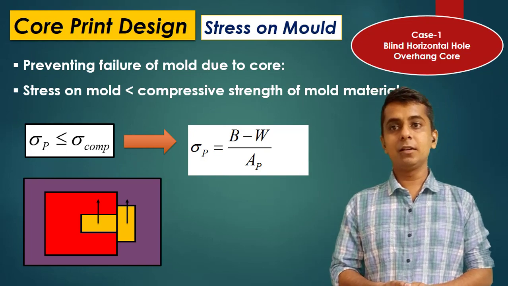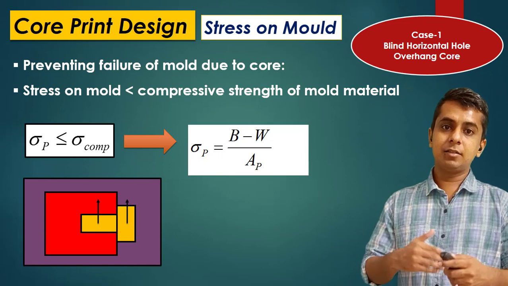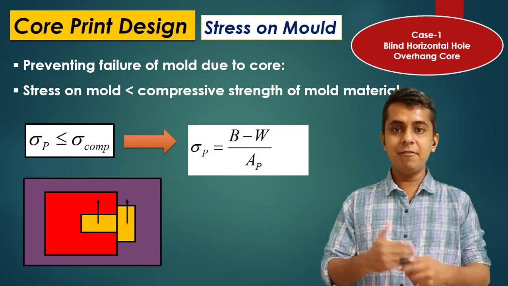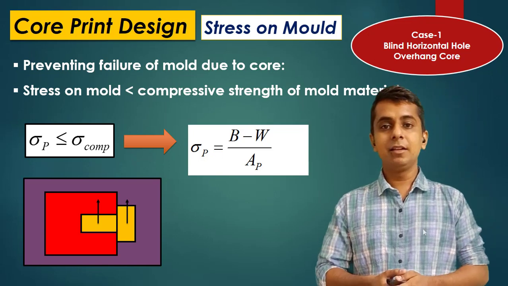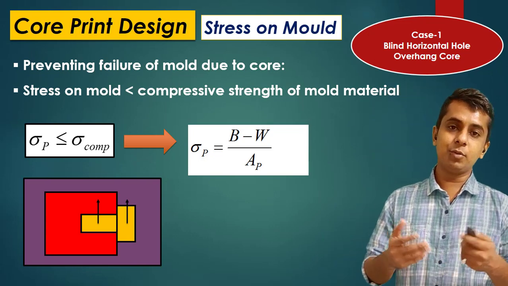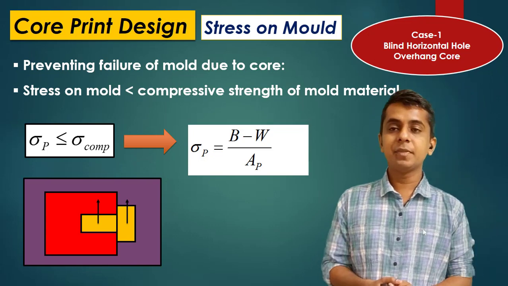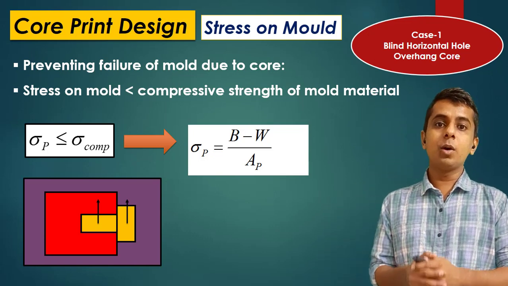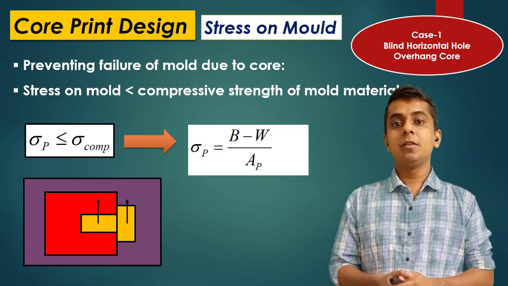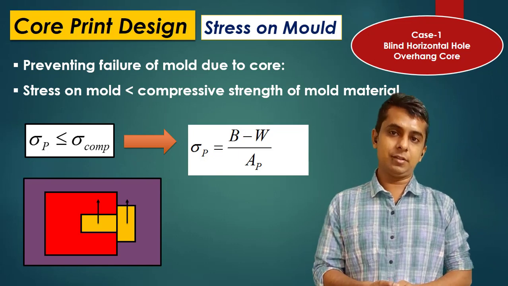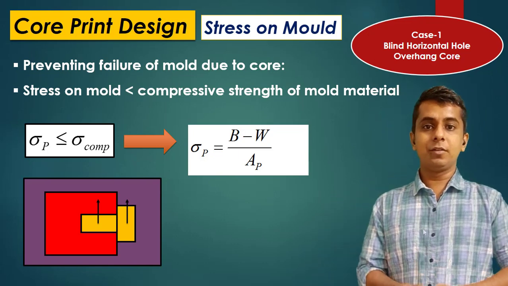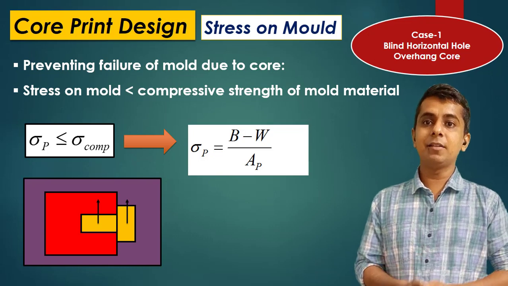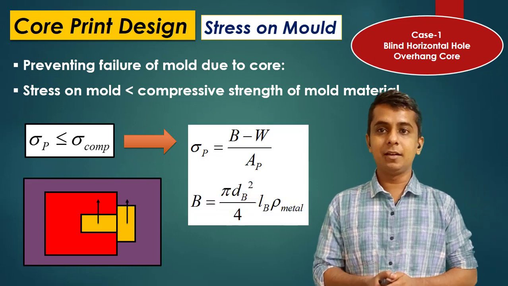But if you are using a thick, heavier core and your metal is lighter in weight, such as aluminium, then the overall resultant force may be in the downward direction, because the buoyancy force depends upon the density of the metal.